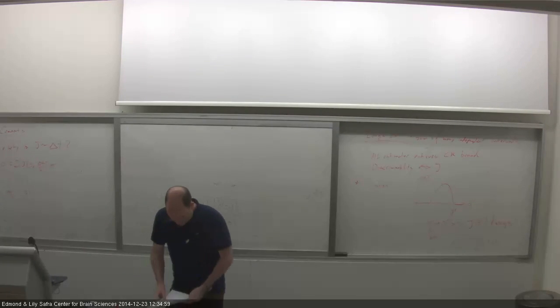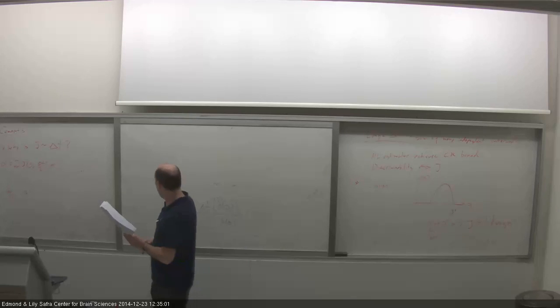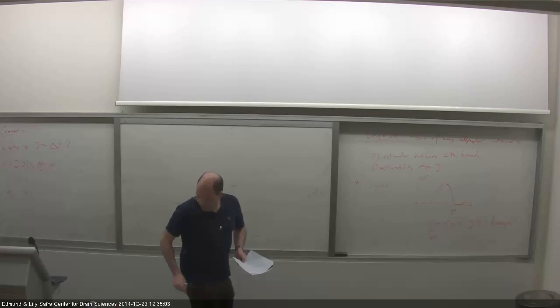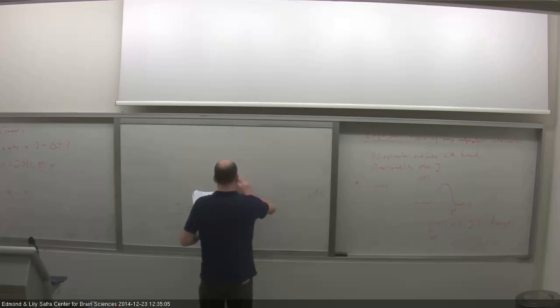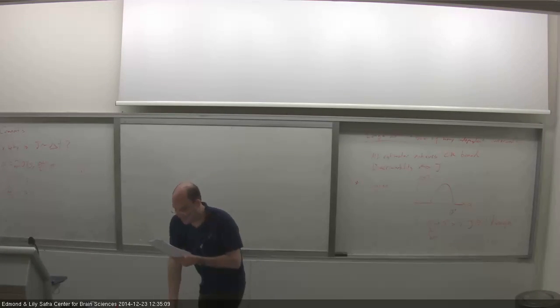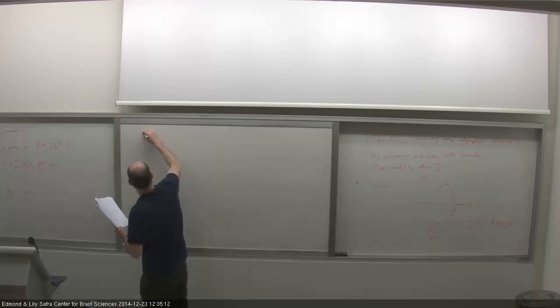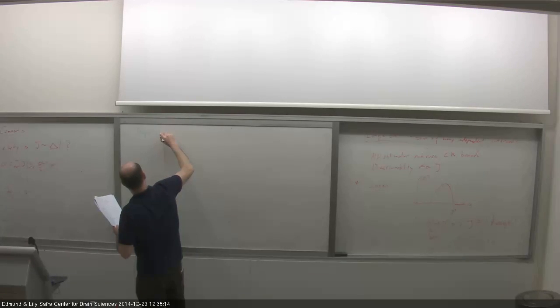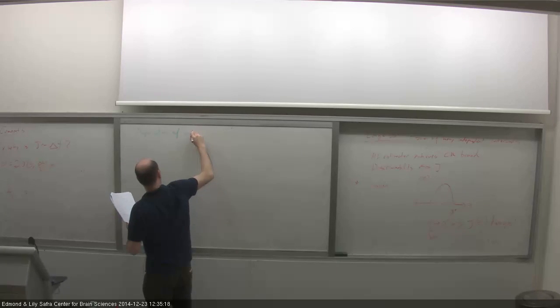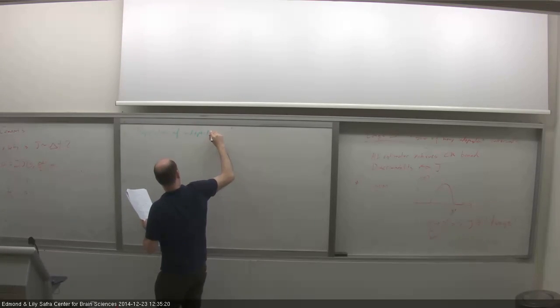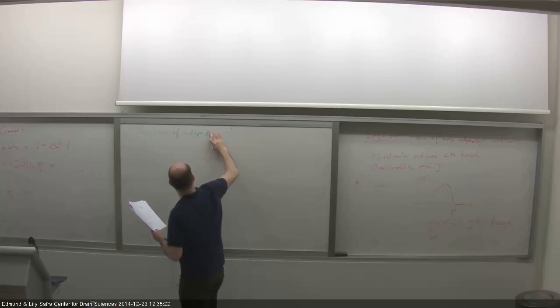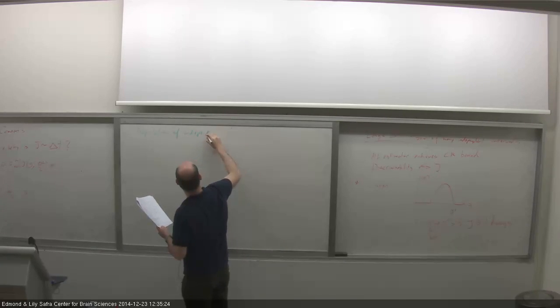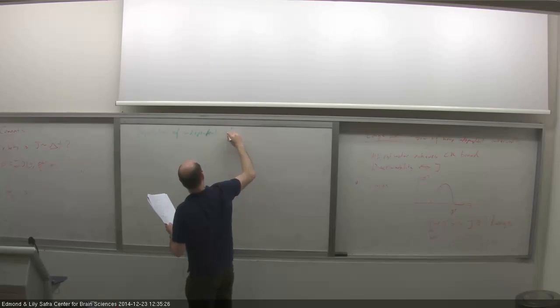Okay. All right. Next example, a very simple generalization of what I've written so far. Imagine that we have a population of independent Poisson neurons.